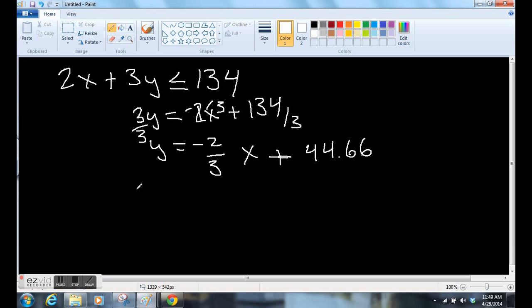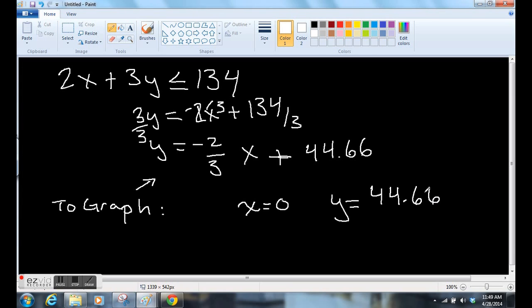So again, in order to graph this line, you want to find 2 points. If you have 2 points, you have a line. So we'll let x equal 0 as 1 point, just because it's easy. You can choose any point you like. So you could let 0 in here, and that makes y 44.66. And if you let y equal 0, you can do the same thing we did before.